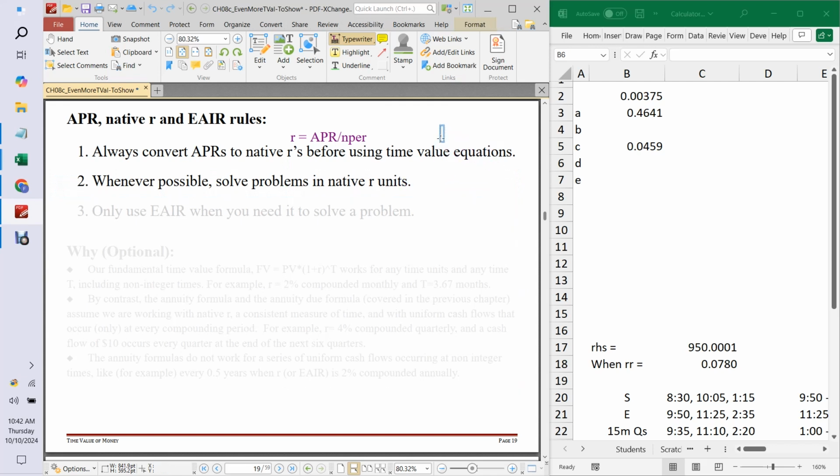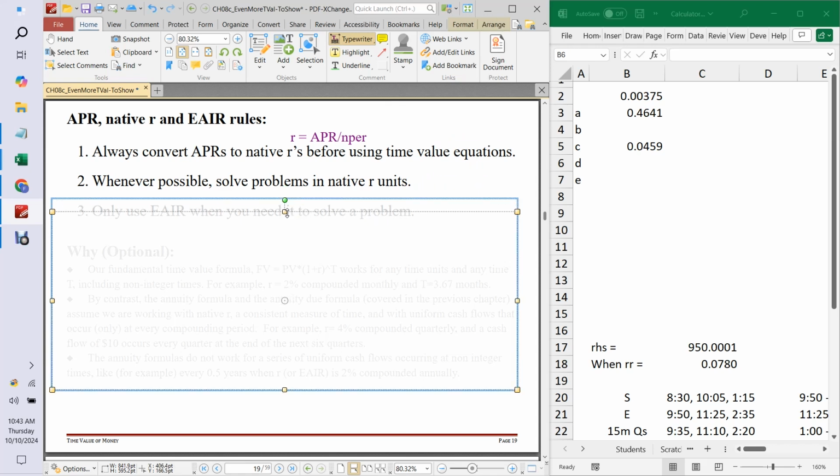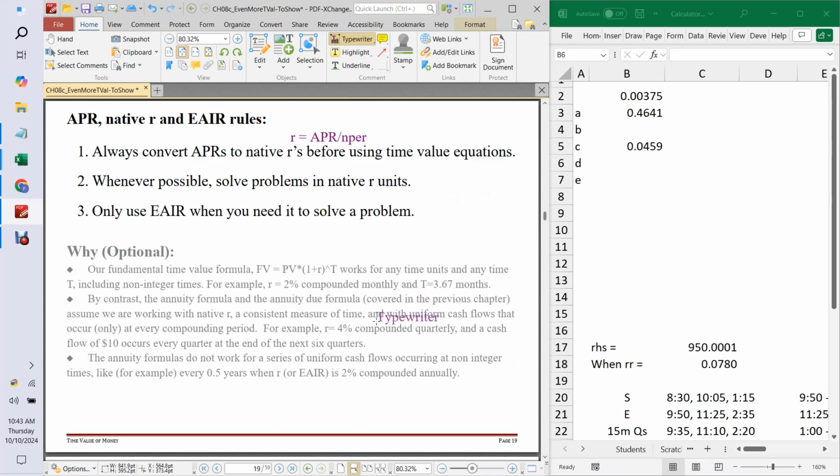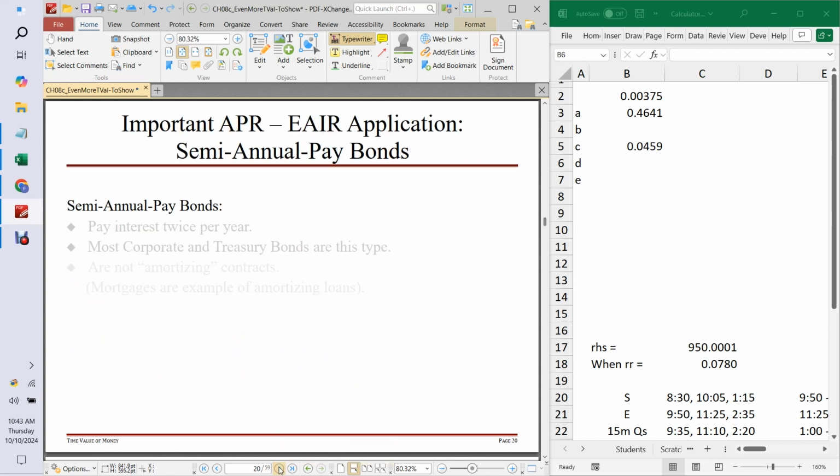Just plug in the math, find out what you've got to find out, use the same equations that we've learned and know and hopefully love from chapters 8A and 8B. But sometimes you need to find the EAIR, and in that case, go ahead and compute the EAIR. And for you finance majors out there, I explain why I've developed these rules. You can get some wrong answers if you don't follow these rules, so just follow these rules.